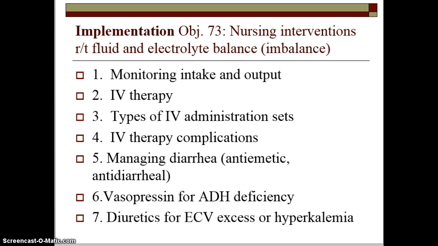As we look at things we as a nurse can do with fluid and electrolyte imbalance, we can put a patient on intake and output. We can maintain the IV that the physician or the healthcare provider has ordered.